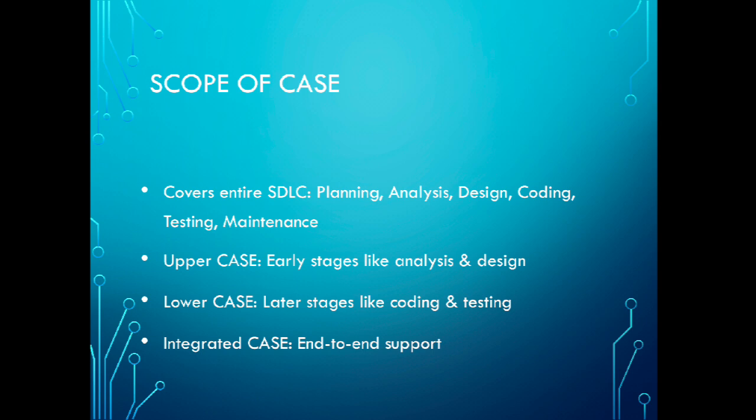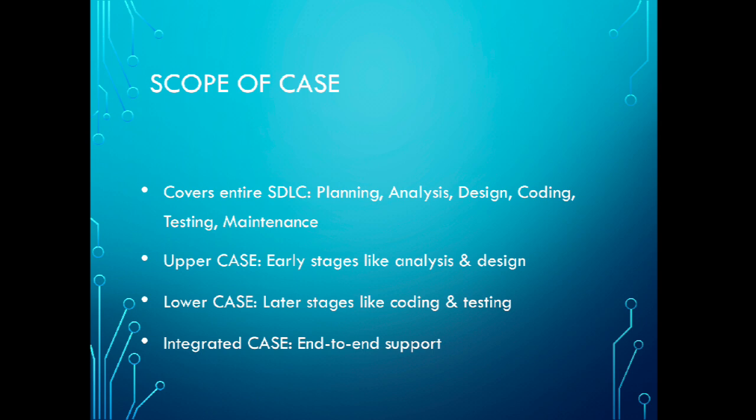Upper CASE tools focus on the early stages of the SDLC, like requirements and design. IBM DOORS is a great example. Lower CASE tools help with the later stages, especially coding and testing. An integrated development environment, or IDE, like Visual Studio, is a perfect example of lower CASE tools.